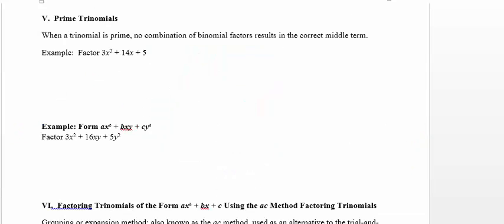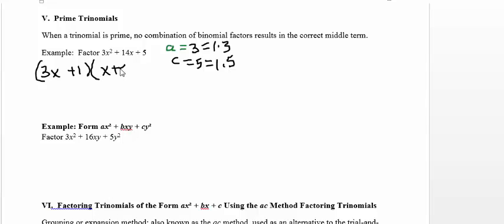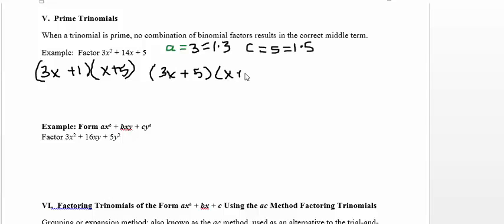All right, when polynomials are prime, I won't be able to find a combination of factors that multiply to give that polynomial. So notice here my a and my c are the same. So I tried 3x plus 1 times x plus 5, 3x plus 5 times x plus 1. We already know that this is going to give us the first term and the last term that we need, but the question is, are we going to get the middle term that we need?